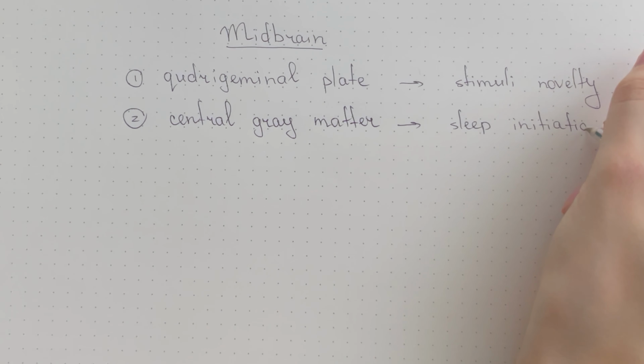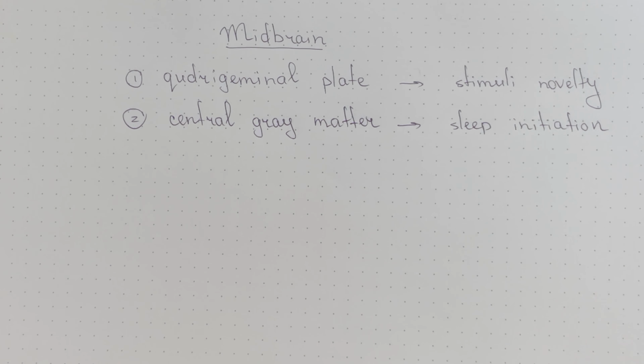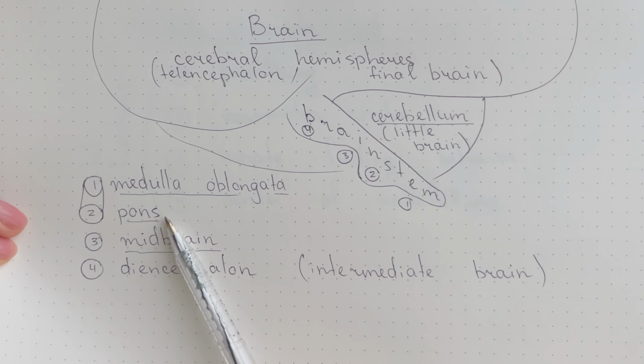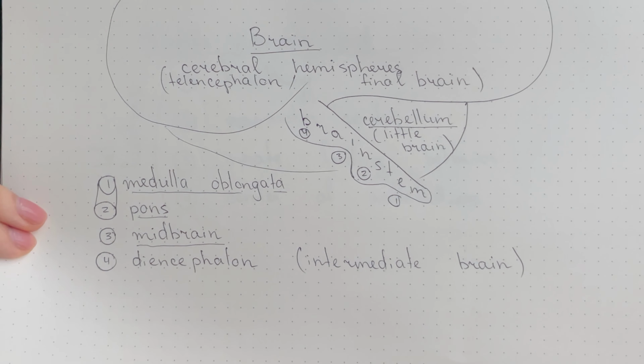If you remember, our main wakefulness center is located in the pons and the medulla oblongata, whereas the sleep center is in the midbrain. These two constantly compete with each other.